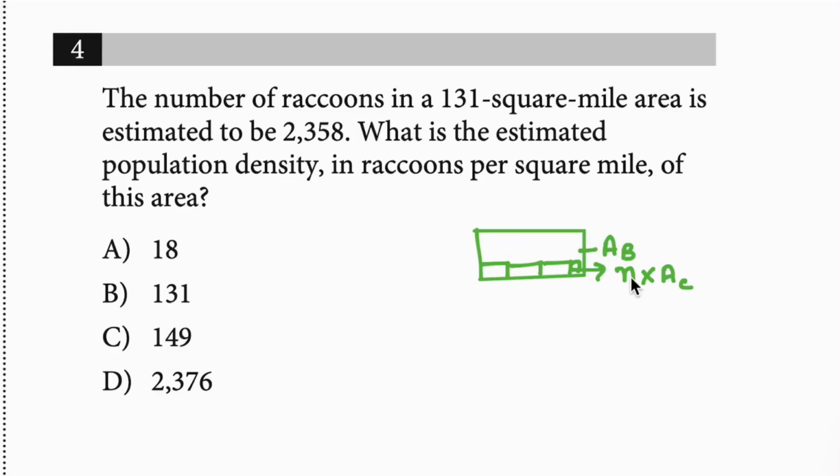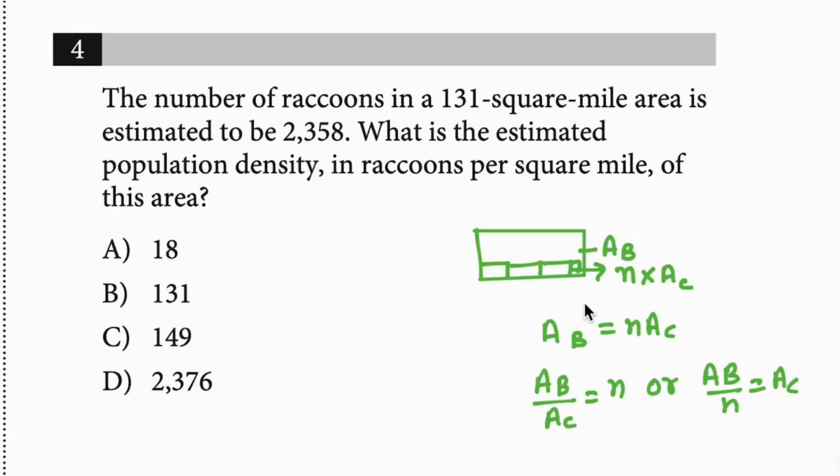If I divide by the area of a chocolate on both sides, that gives me the number of chocolates. Or if I divide by the number of chocolates on both sides, that gives me the area of a chocolate. So I am using this simple concept. It can be written this way or this way.